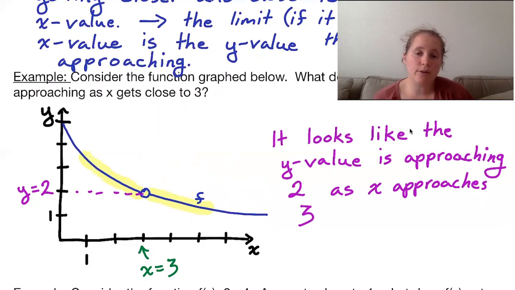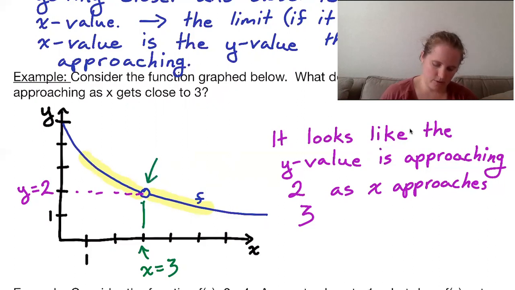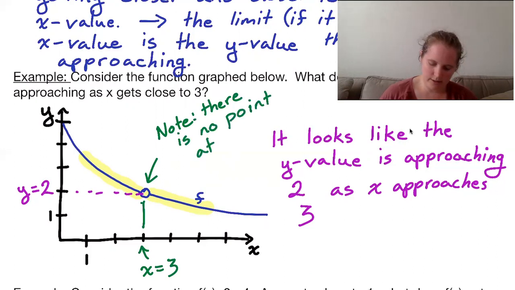Now, if we look at our graph and focus in at x equals 3 specifically, we don't actually have a point there. So note there is no point at x equals 3.